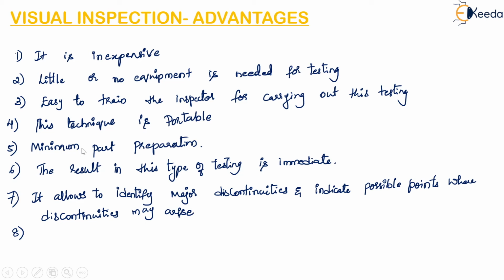Now looking into the disadvantages or limitations of visual inspection. The first limitation says that it depends a lot on the inspector's experience as well as his knowledge of welding, besides the need to be inside the project and its requirements. The person who is inspecting must be knowledgeable, he must be experienced, and he has to know what kind of component is required for the project on which he is working.